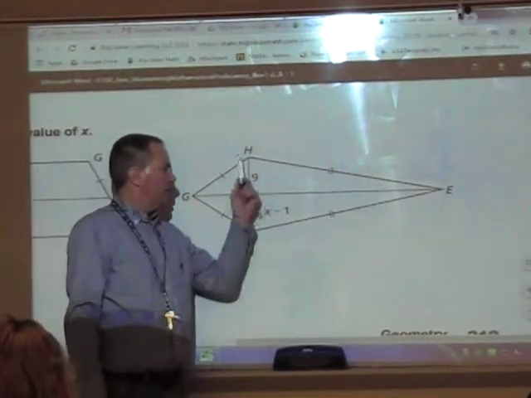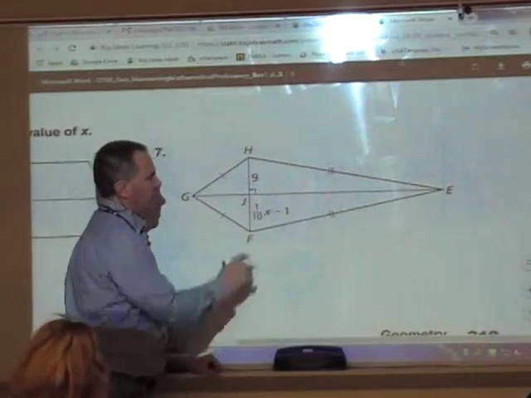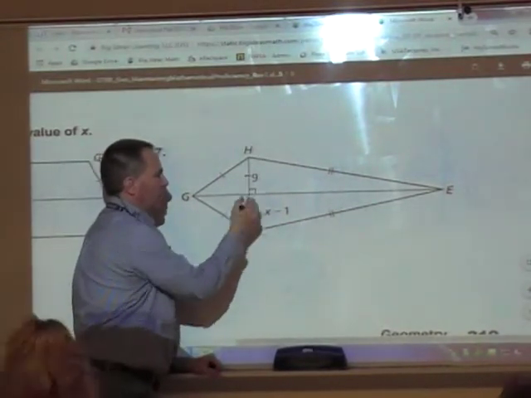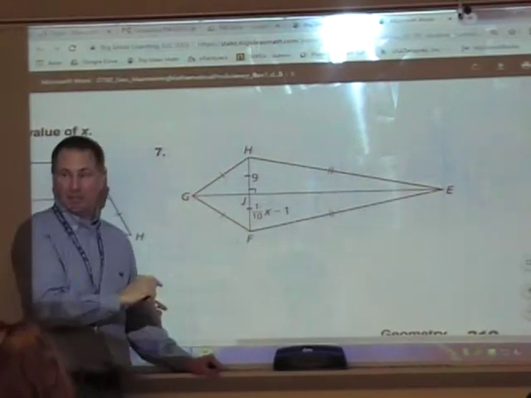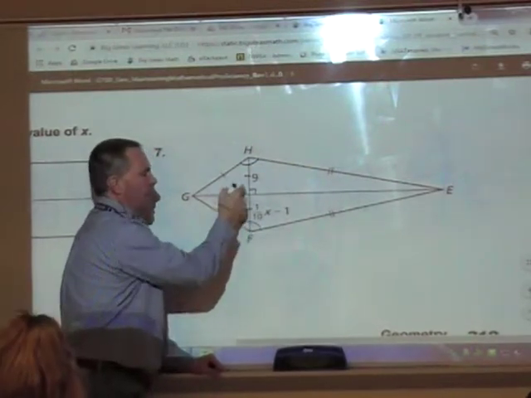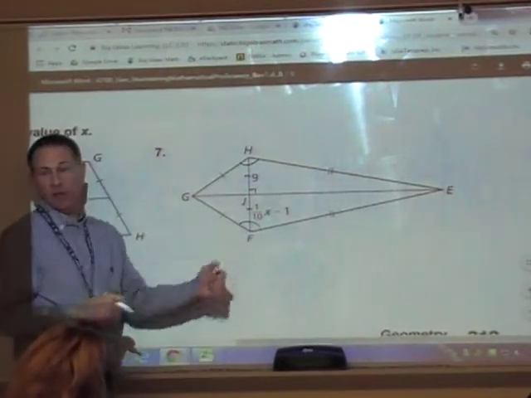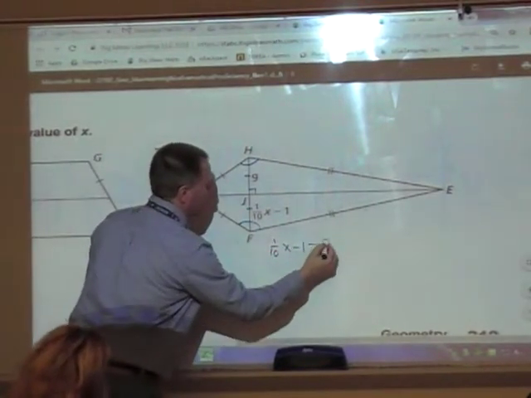Diagonals of a kite hit at 90 degrees. Also, these two are congruent to each other. Not these two. Okay? So again, there's something special about these angles and the diagonal from those, but not the other diagonal. Okay, so you say 1/10 x minus 1 is equal to 9.